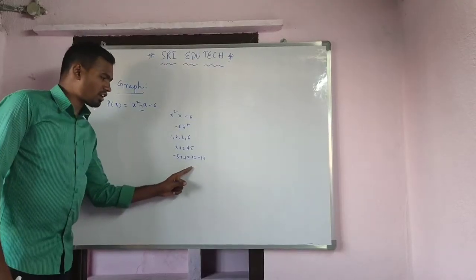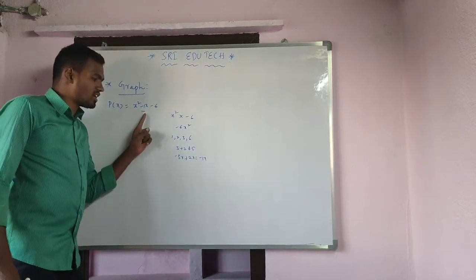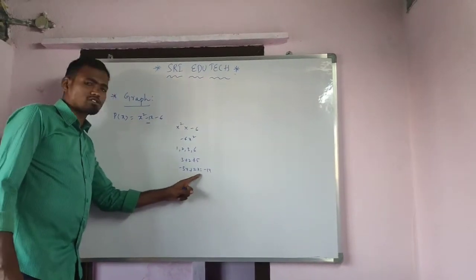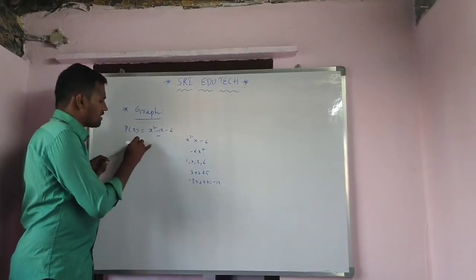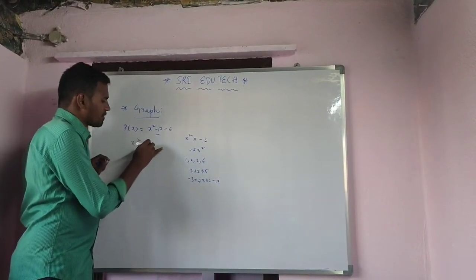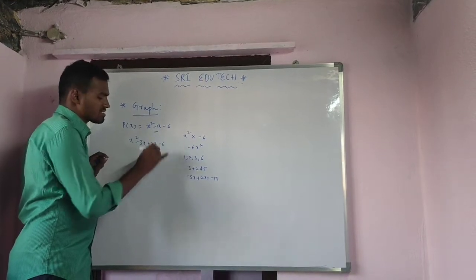In place of minus 1x we have to write minus 3x plus 2x, right? Substitute: x square minus 3x plus 2x minus 6.